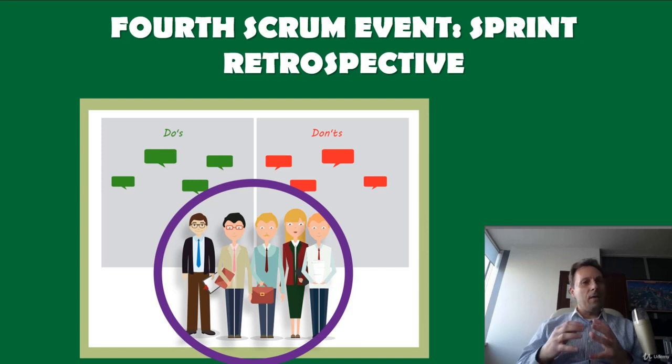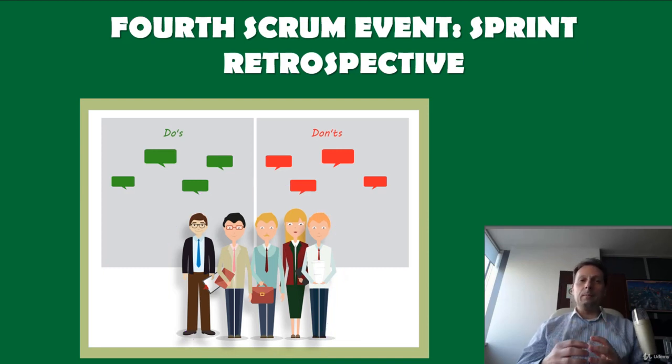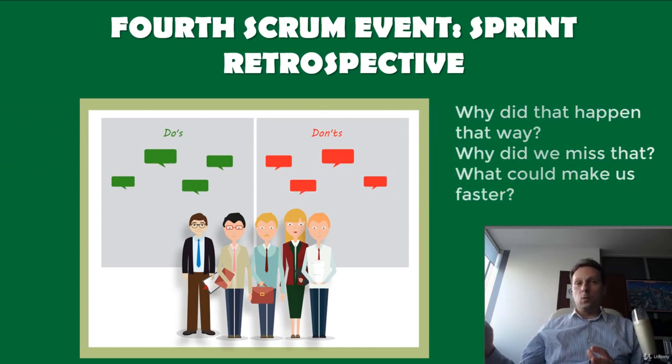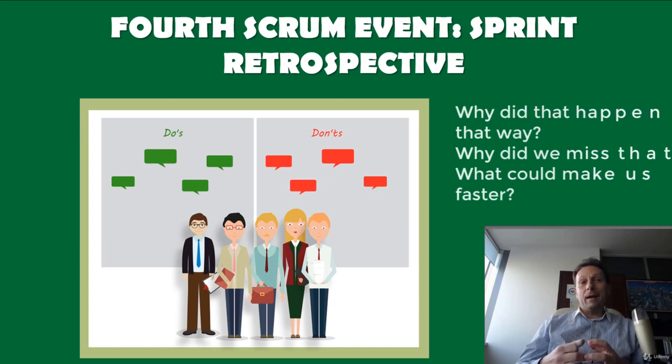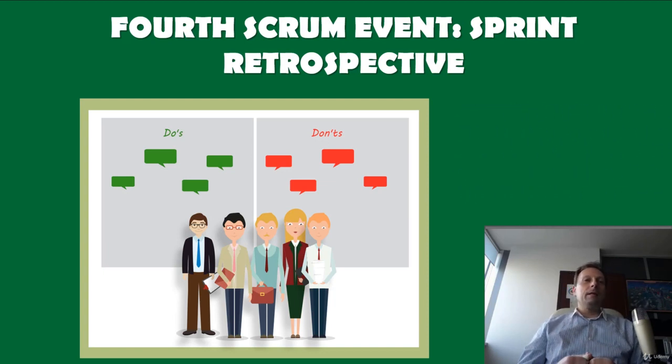So the key thing to remember is that the team is not seeking someone to blame, but rather looking at the process. The team should ask questions like, why did that happen that way? Why did we miss that? What could make us faster? The idea here is to examine people and relationships, as well as processes and tools.